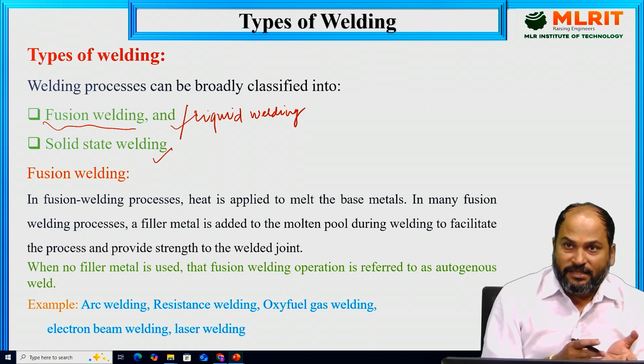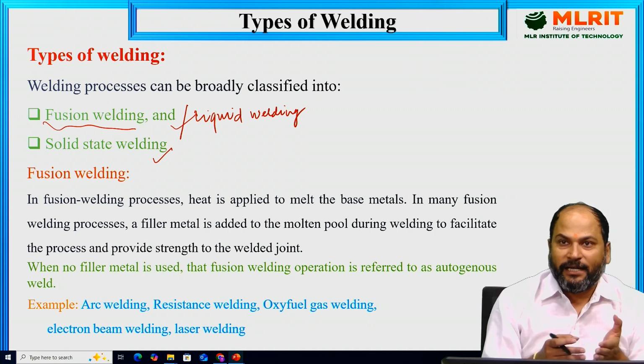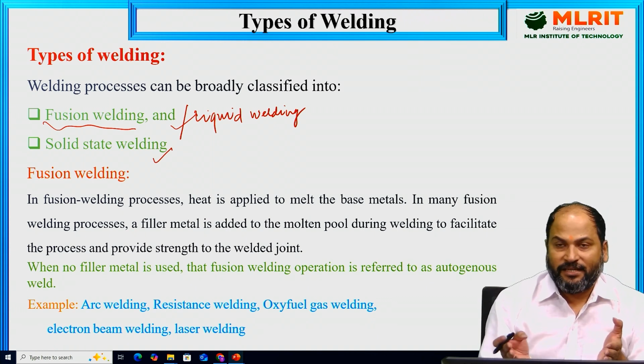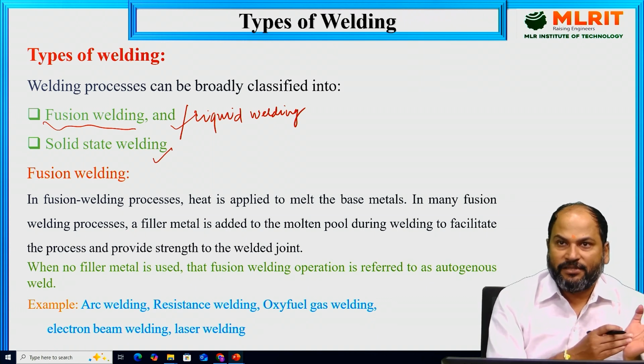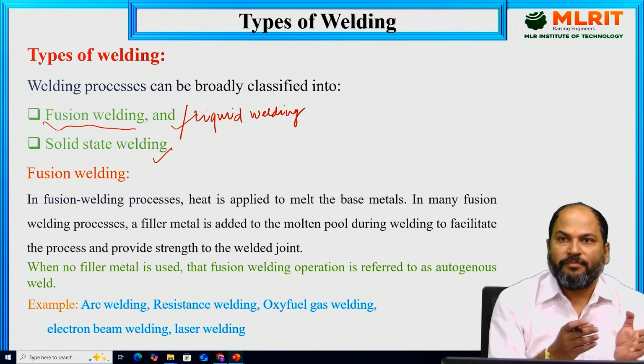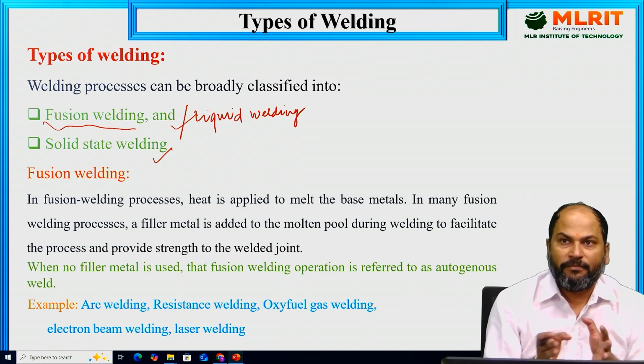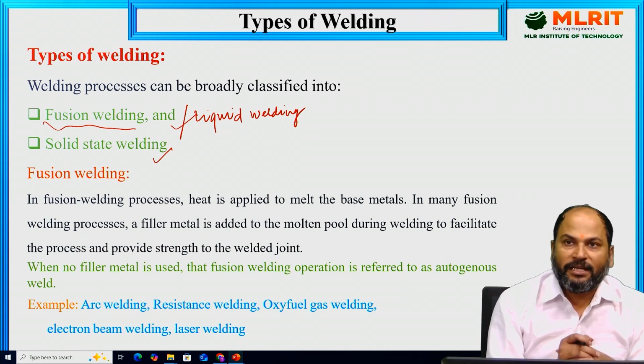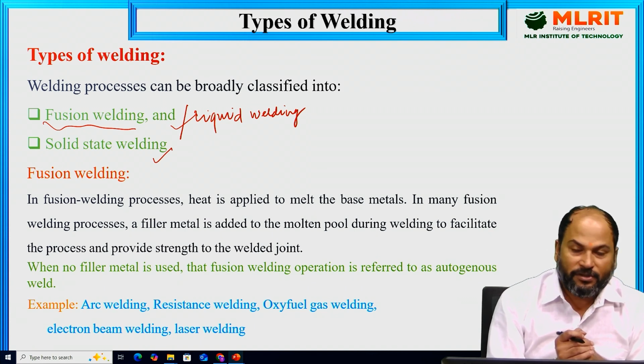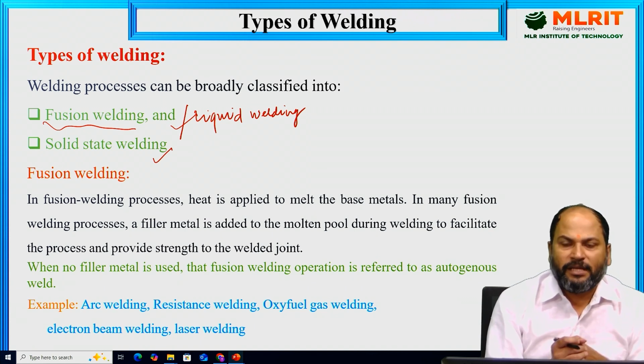But in the second case, if while welding the material is not changing its state, although it will be at a very high temperature, but it is not reaching its melting temperature, means the material is not melting, then it comes under the category of solid state welding process. Okay, so many examples are there.